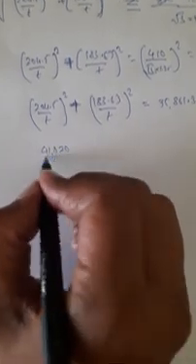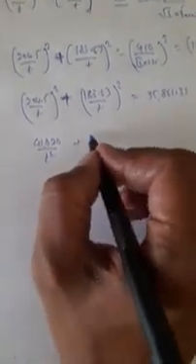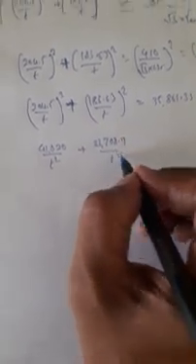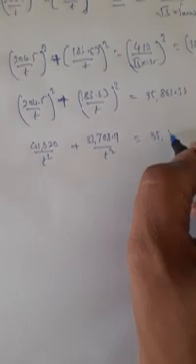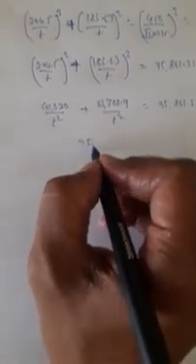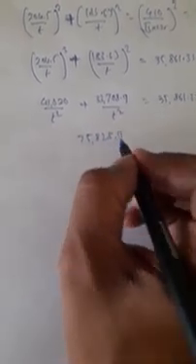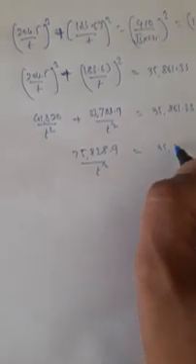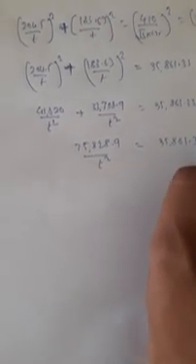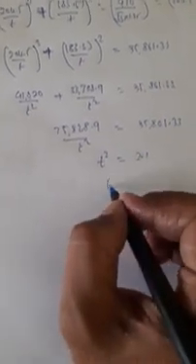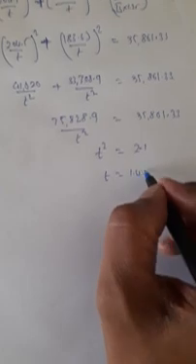Let me expand this: 41,820 by T square plus 33,708.9 by T square is equal to 35,861.33. Adding these two terms, 75,828.9 by T square is equal to 35,861.33. T square is equal to 2.1, or T is equal to 1.45.